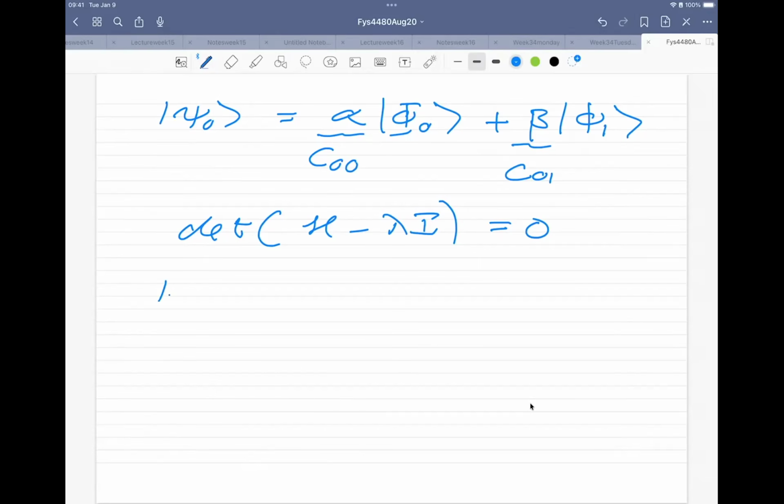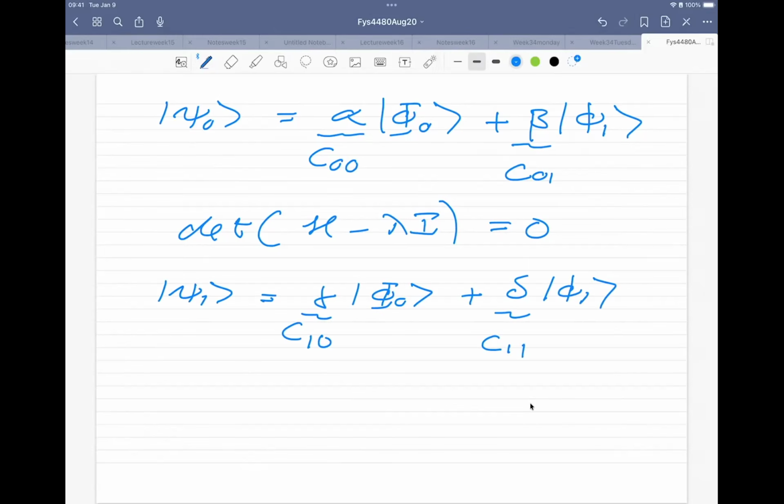And then we would find that this psi 1 is given by some gamma times phi 0 plus some delta times phi 1. And this would obviously be the coefficient C10, and this is the coefficient C11. So if we can solve the problem by diagonalization, we would find these coefficients without any problems.